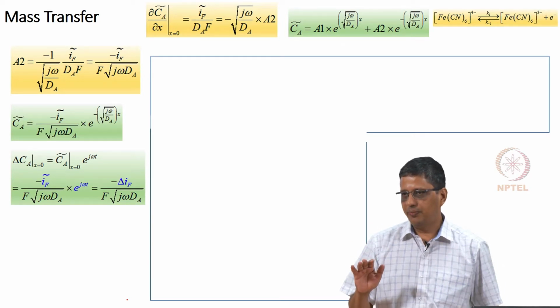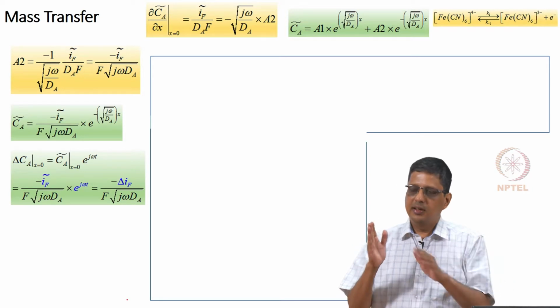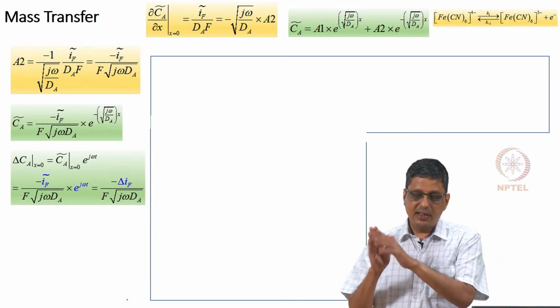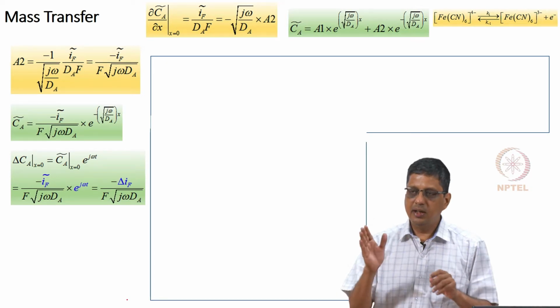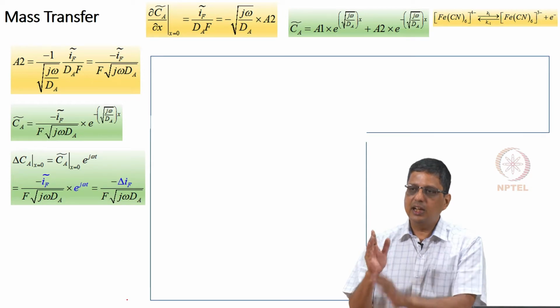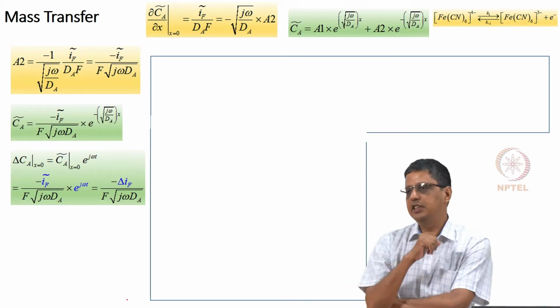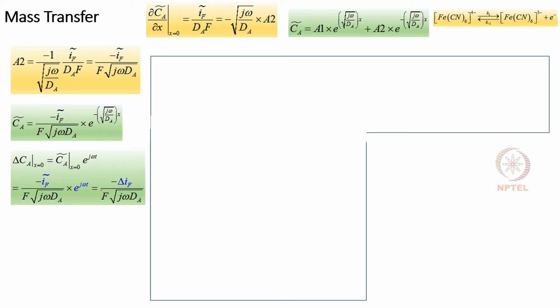Now, if current is sinusoidal with 0 phase, concentration is not going to be sinusoidal with 0 phase. Concentration will be sinusoidal, but actually the derivative of concentration with respect to x is the one that is going to be in phase with current. And because this is going to be e power square root of j omega x, when we take the derivative we get a j omega term within the square root here.